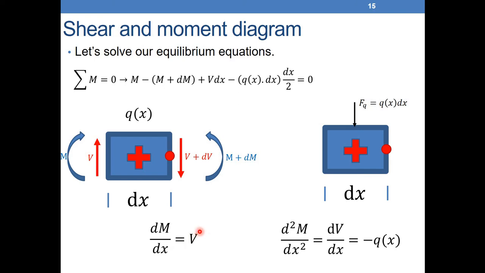So in the previous slide we said that if I have the external load I can find the shear force. Now we are saying that if I have the shear force I can find the moment by just integrating the shear force.